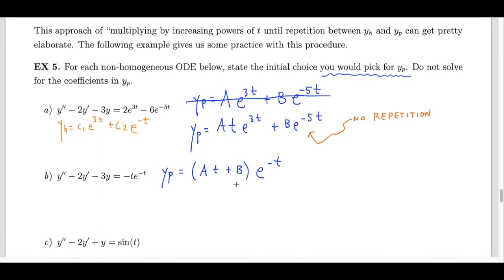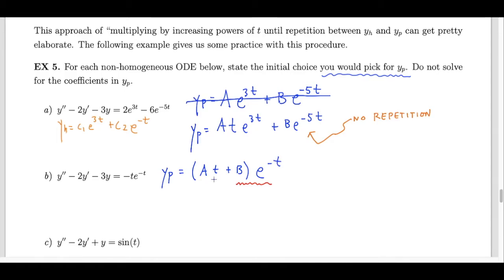But then also notice that this exponential term is going to repeat with the e to the negative t that's already in my y sub h. So I have to multiply by t in such a way that it eliminates that repetition. If I just multiply this coefficient b by t, for example, then I once again run into this issue of linear independence and dependence.